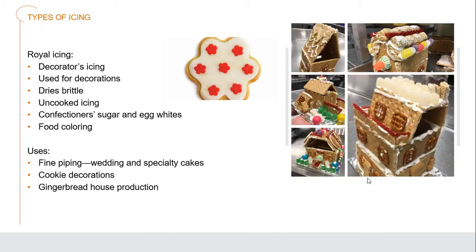We make this by taking some egg whites and some confectioner's sugar, and you mix them together until you get a good thick coating kind of consistency. You're not cooking this icing. It doesn't need that.